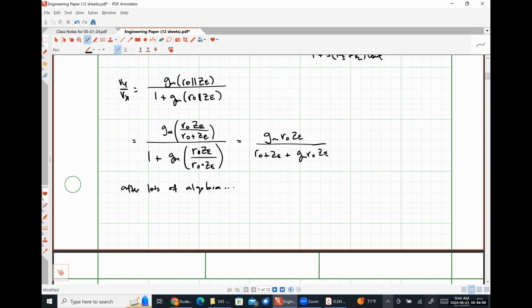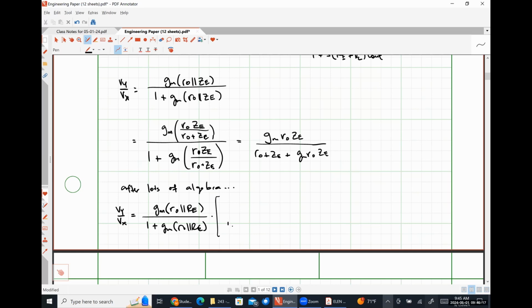After lots of algebra, we wind up getting Vy over Vx comes out to be GM R naught in parallel with RE over 1 plus GM R naught in parallel with RE times.